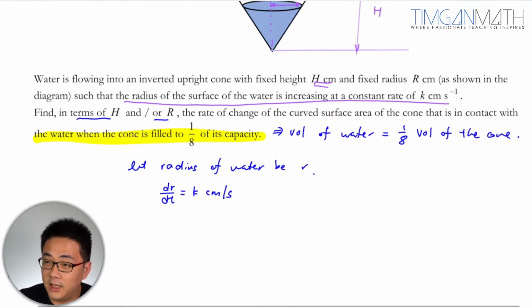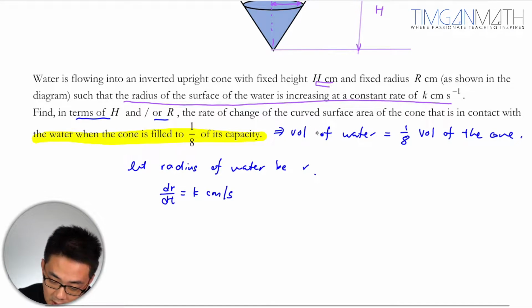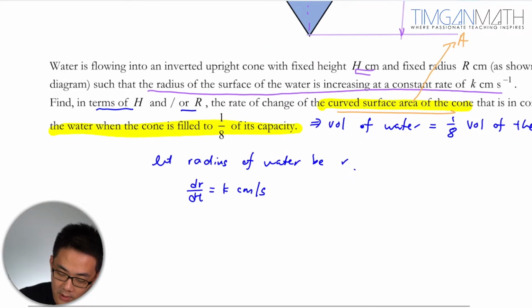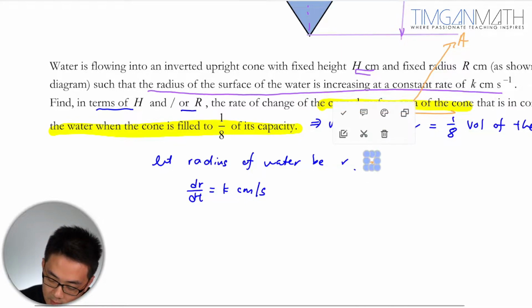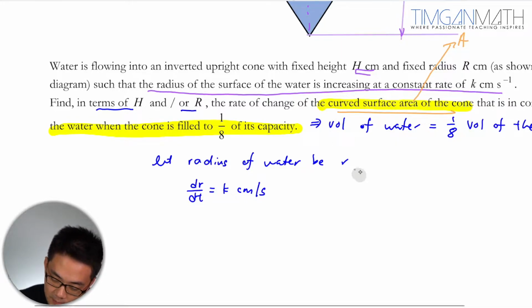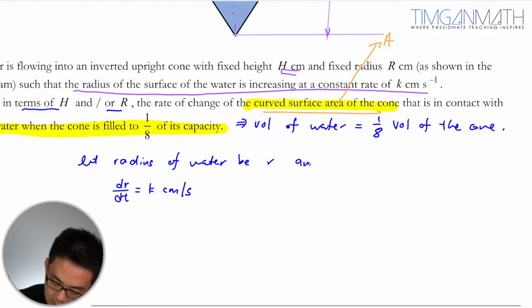Now the first thing is to understand that you want the rate of change of curved surface area, meaning to say you want A. Let A be the curved surface area.